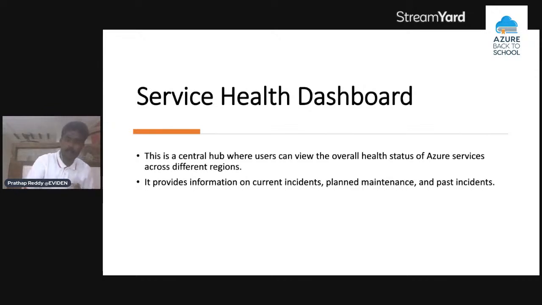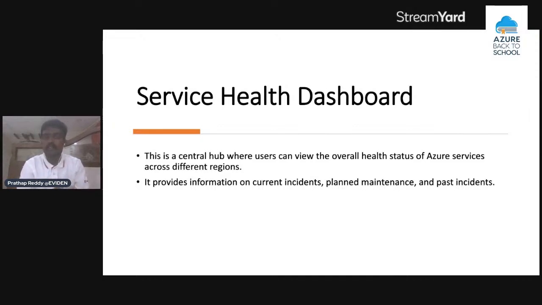We have 140 countries and 60 plus regions. We have to trigger, monitor, and manage that, and everything can be seen in this central hub, like a repository for the health status of Azure services across the different regions of the world. This is called the Azure Health Dashboard.